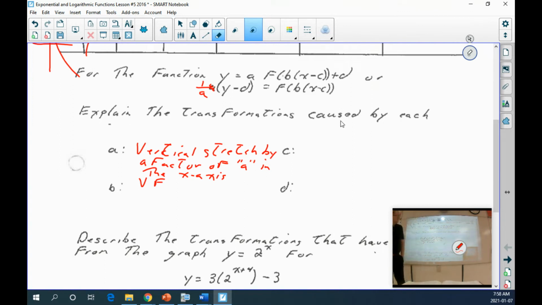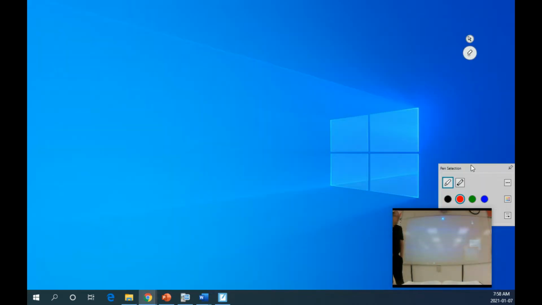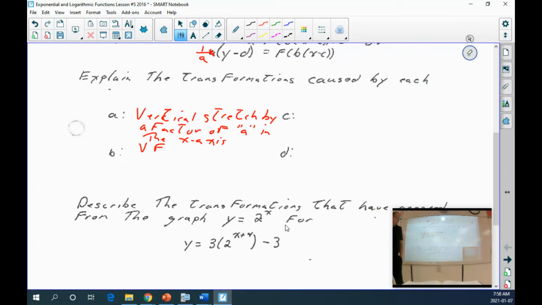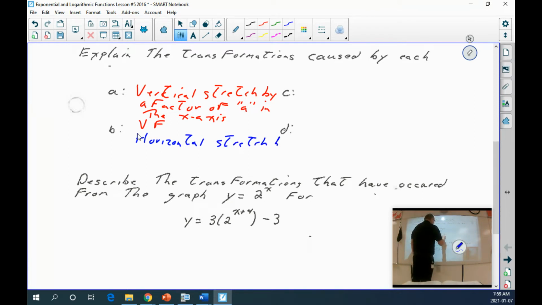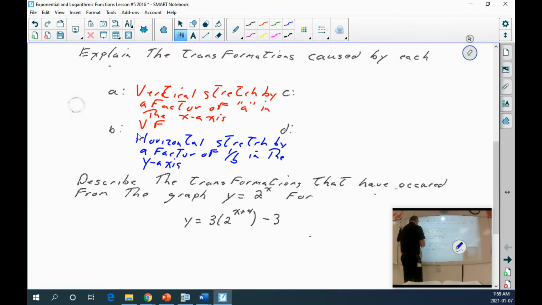Our b value is a horizontal stretch by a factor of 1 over b, in the y-axis, and we also have a horizontal flip.